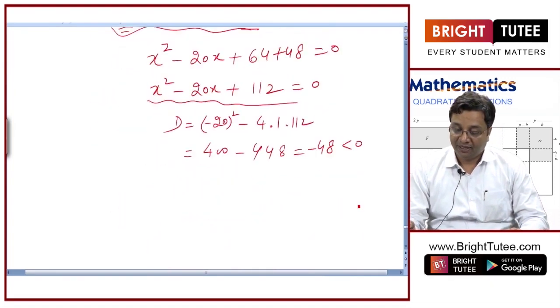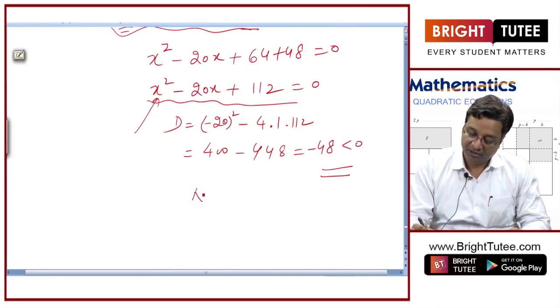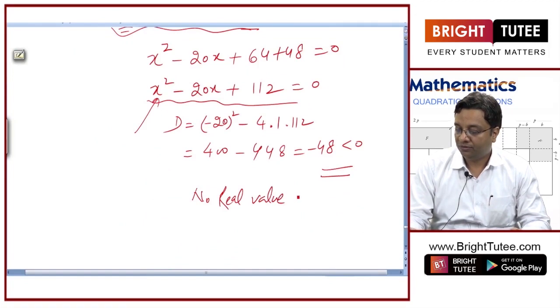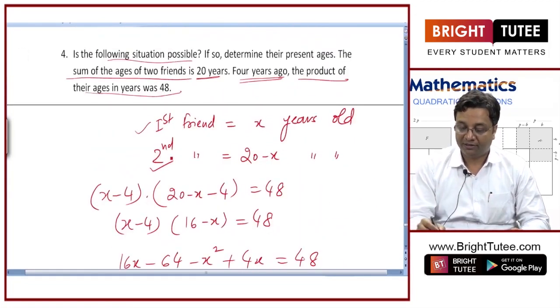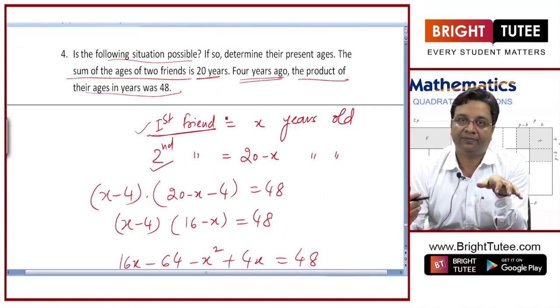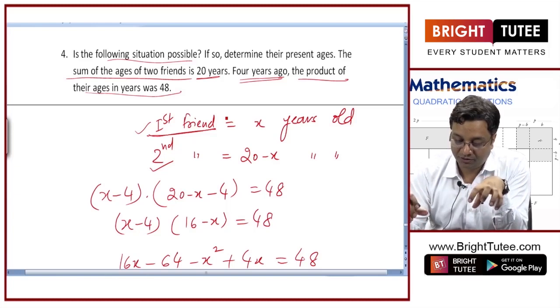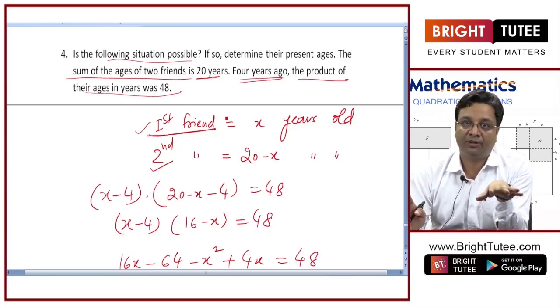So we can say that discriminant is negative, so there will be no real value of x possible. So if there is no real value of x, such a situation is not possible. Such a situation where 4 years ago the product of their ages was 48 is not possible.